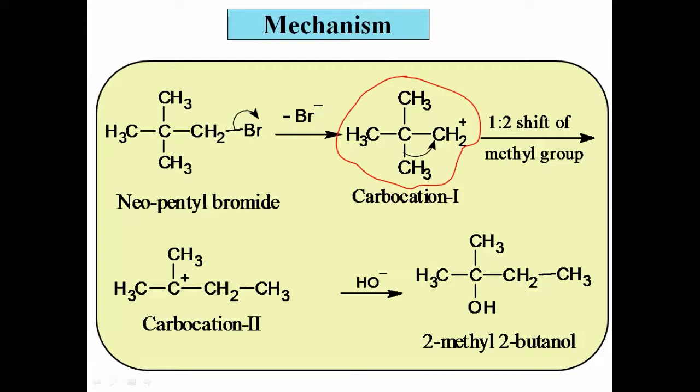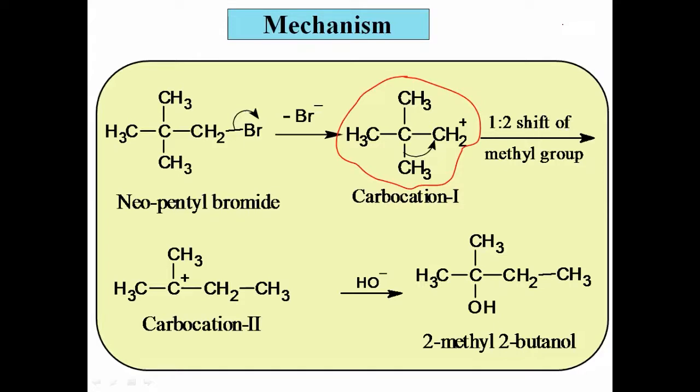The reaction which involves rearrangement of intermediate carbocation is called as Wagner-Meerwein rearrangement. त्याला आपण Wagner-Meerwein rearrangement असं म्हणतोय. This is the example of Wagner-Meerwein rearrangement.